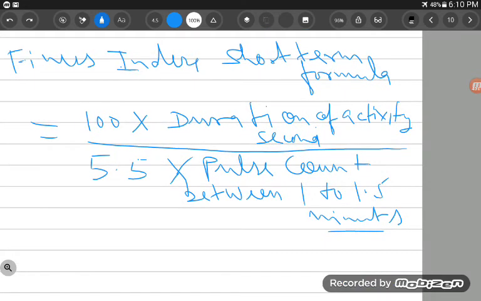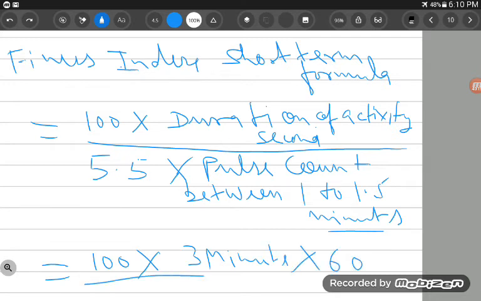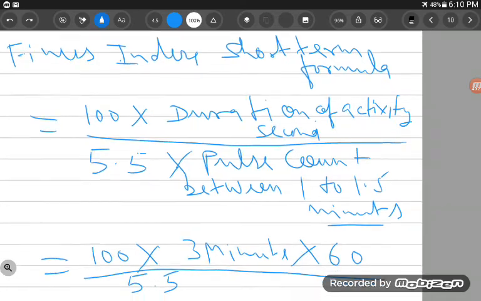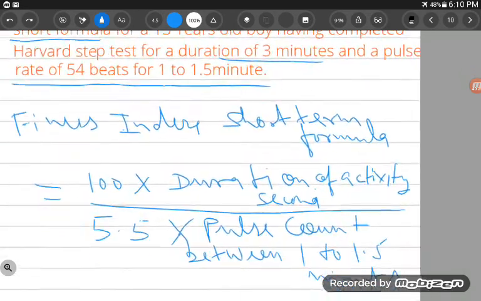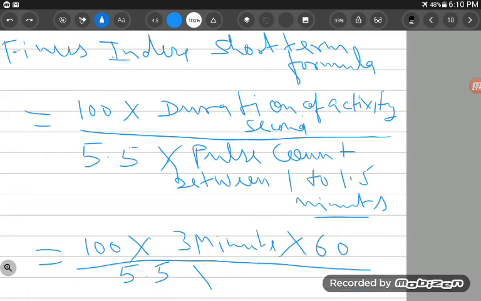According to the question, 100 multiply duration of activity 3 minutes. It should be in seconds, so multiply 60, upon 5.5 multiply pulse rate. What is the pulse rate? 54. So you will write here 54.